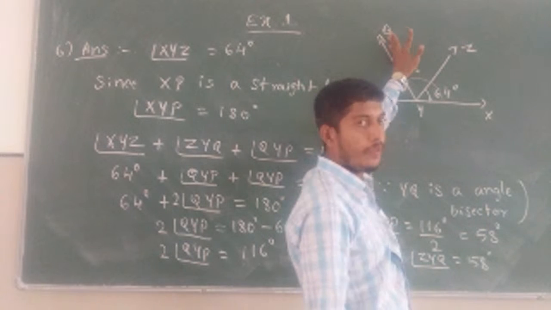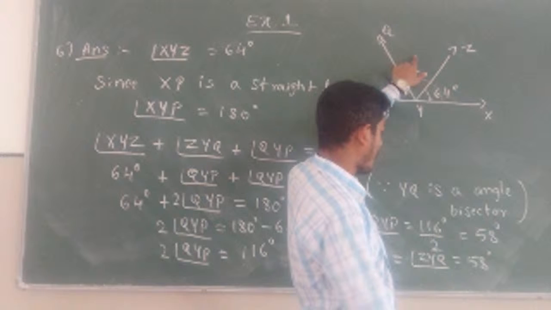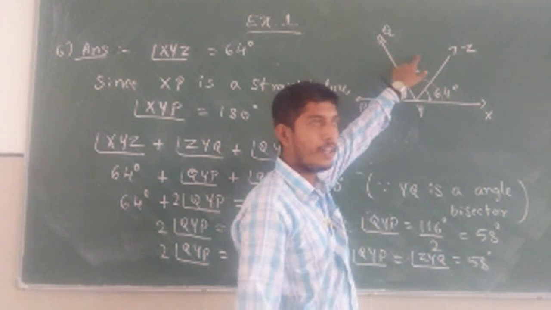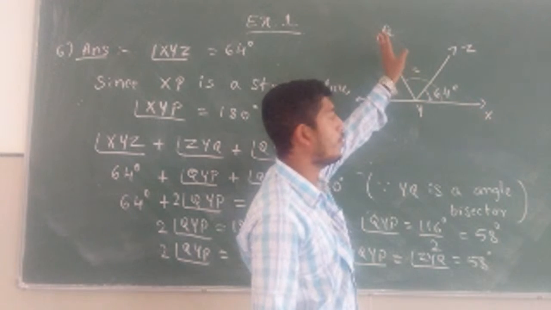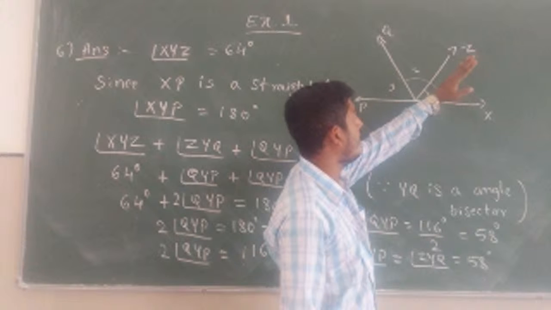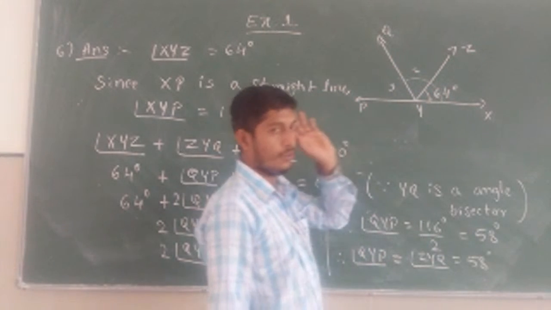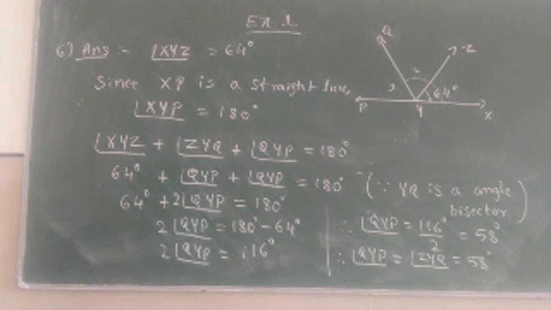We know this angle is 64 degrees and this angle we found is 58 degrees. We have to add these two angles. The total angle XYQ is divided into two angles, one is angle XYZ and another is angle ZYQ. Just look at this step once again.